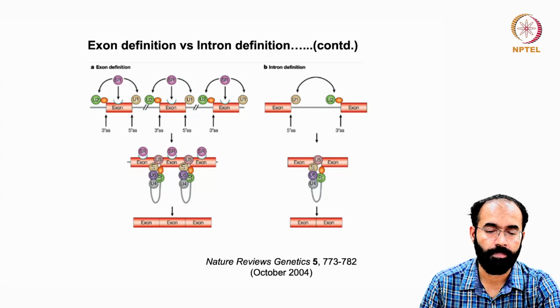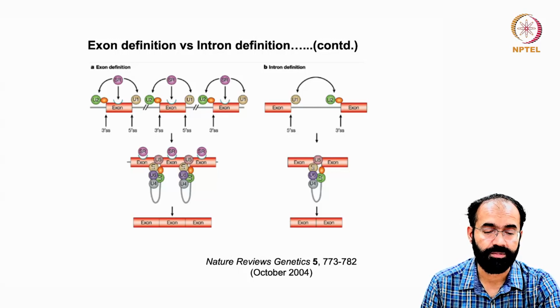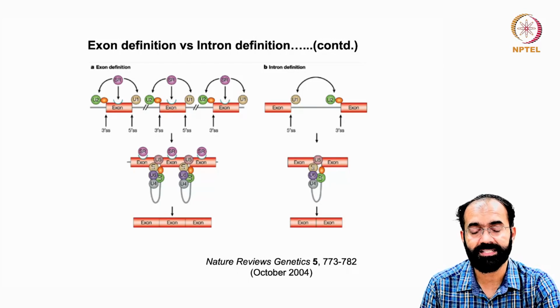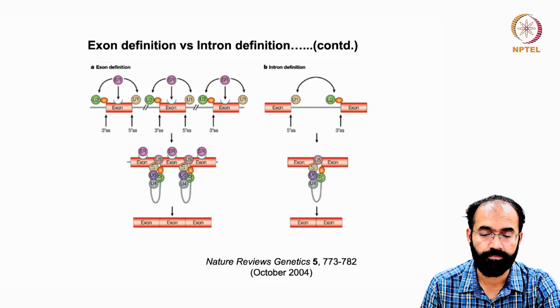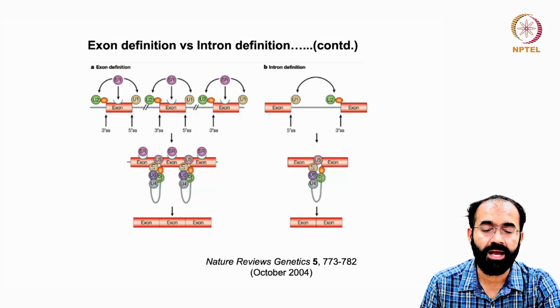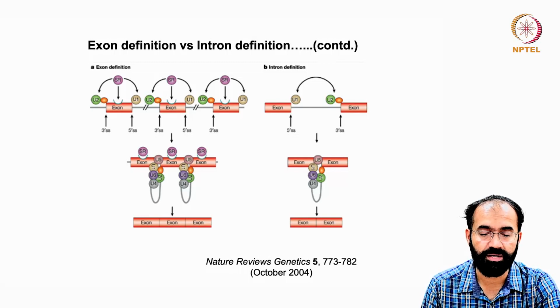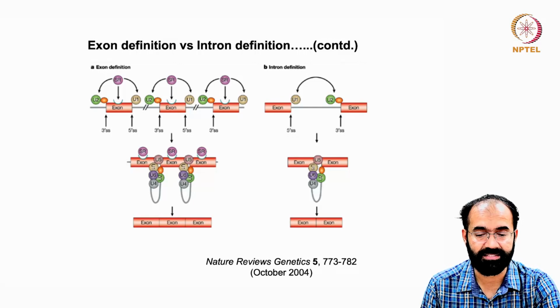Now let us see how an intron's definition can be brought into this context. You can see exons are present which are separated by the intron, and you have U1 and U2. U2 pairs in the branch point, U1 pairs in the exon-intron boundary, and U1 pairs in the 5' splice site, whereas U2 is close to the 3' splice site.